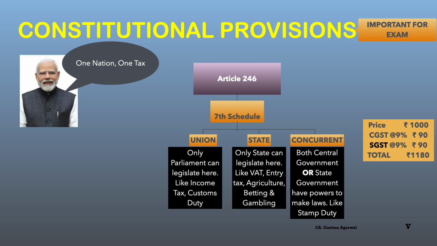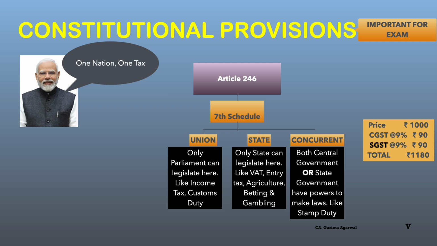Need to override Article 246. Before the 101st Amendment, Article 246 gave the centre exclusive power to tax services and manufacturing, while states had exclusive power to tax the sale of goods. Simply adding GST to the concurrent list would not have automatically removed these existing rigid limitations.